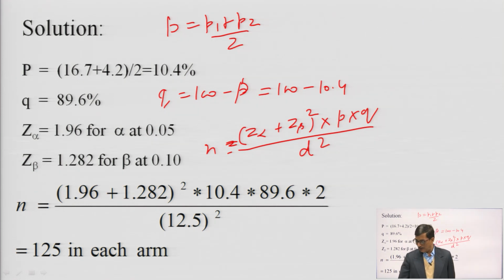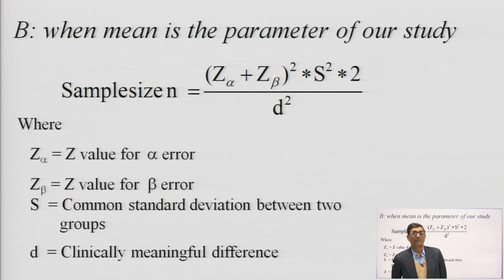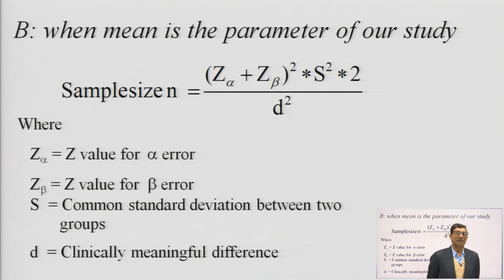So, when proportion is our interest, or you can say when we want to compare two proportions, we use this formula. Second condition: when the mean is the parameter of our study, then we use the sample size n equal to Z alpha plus Z beta whole square into S square into 2 upon D square.